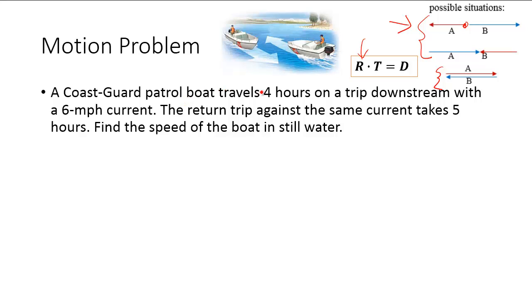A Coast Guard patrol boat travels 4 hours on a trip downstream with a 6-mile-per-hour current. So this guy is going downstream 4 hours, and the current is 6 miles per hour. He's going with the current.